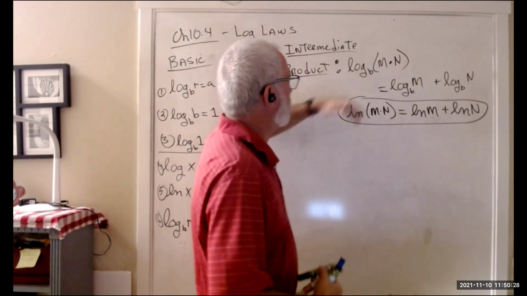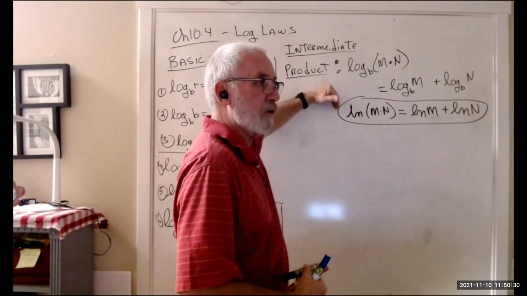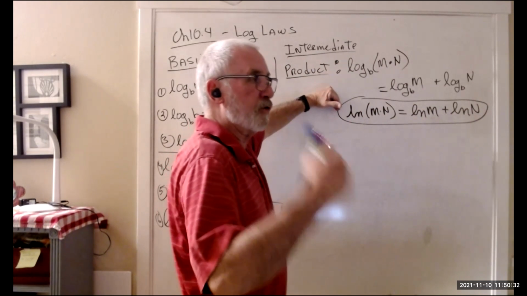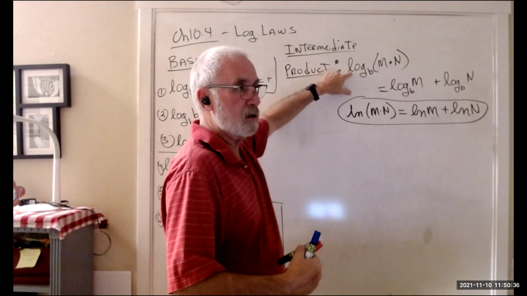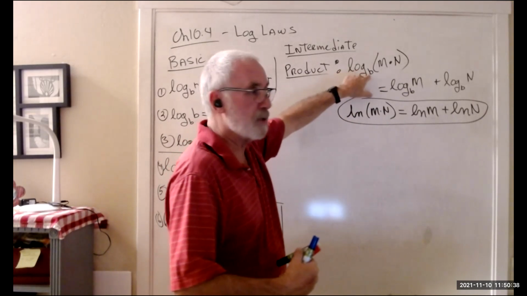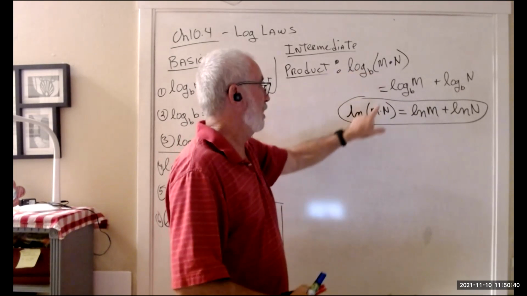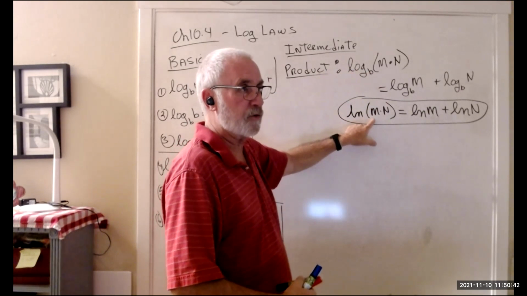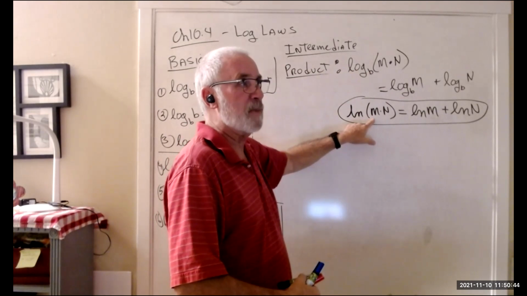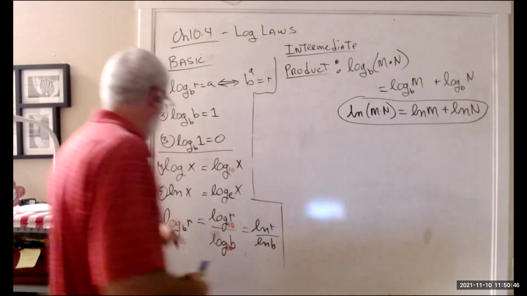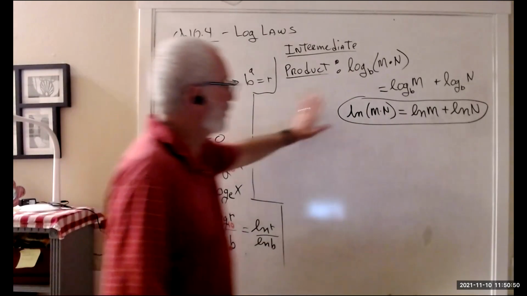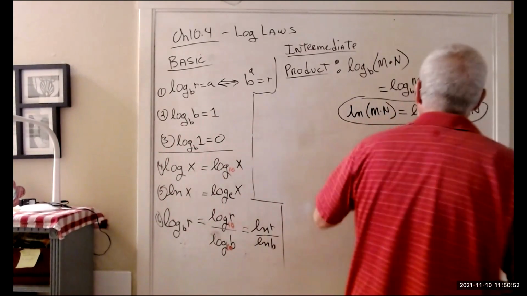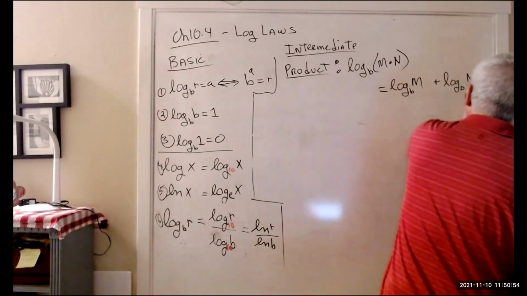Usually we don't put the log laws down twice because an ln is just a special log. So when I write log base b, I'm implying they work for any base, and ln is just base e. So I'm going to erase this ln, but I'm going to give you a quickie example. He gave you one on the handout.